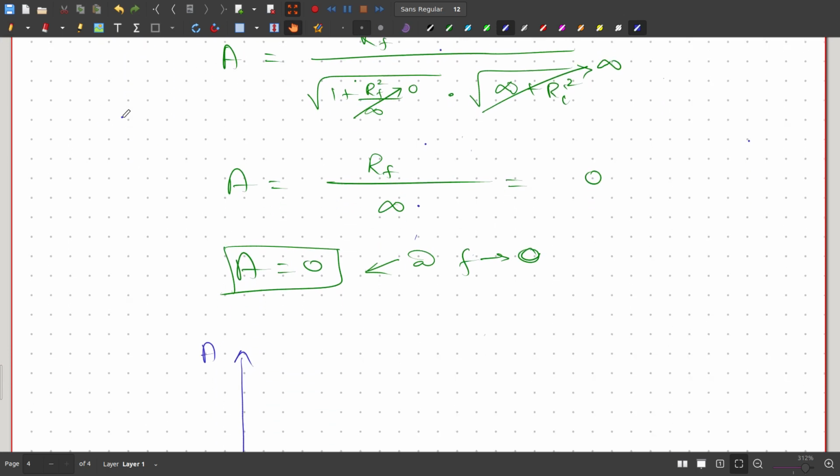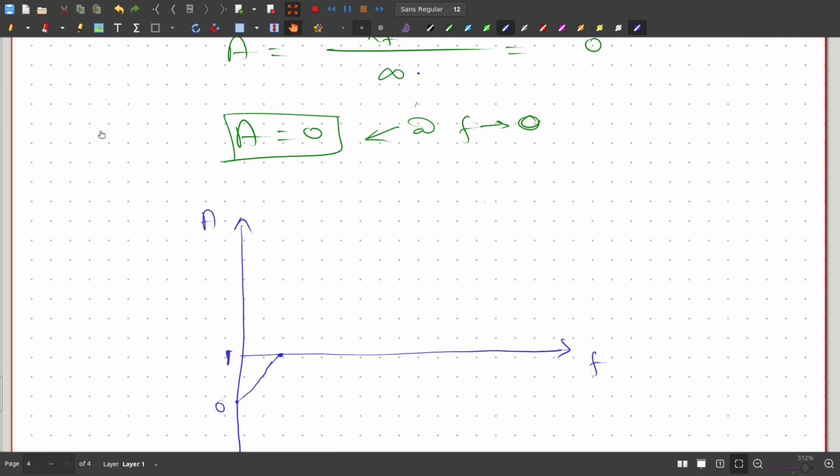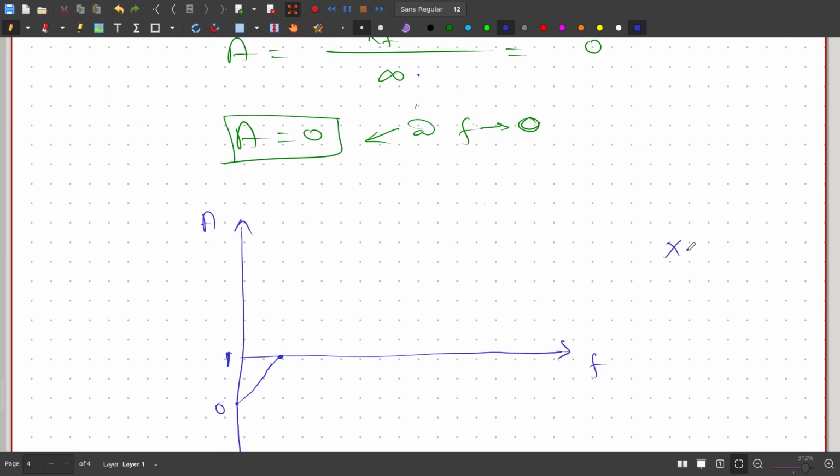let me go back to this equation. As the frequency increases, Xf alone tends to infinity, whereas Xi becomes a large value, but not infinity, but a finite value.